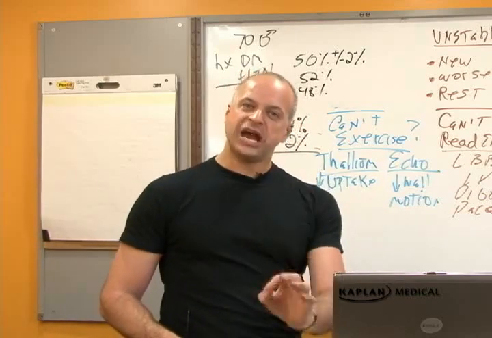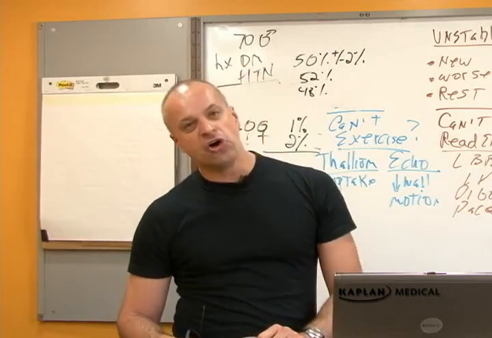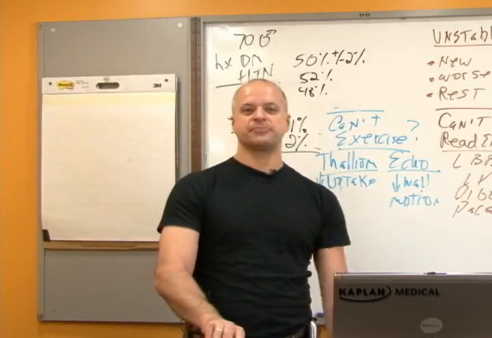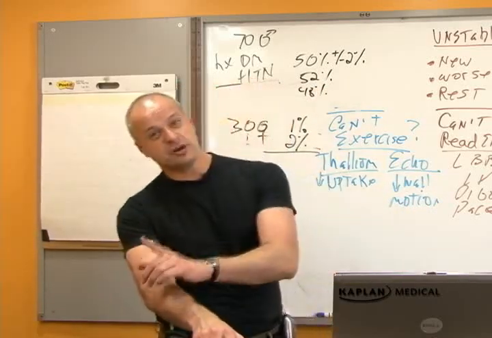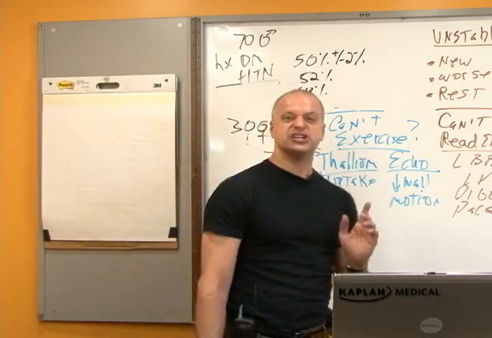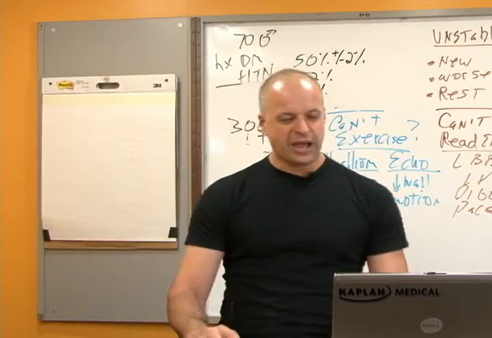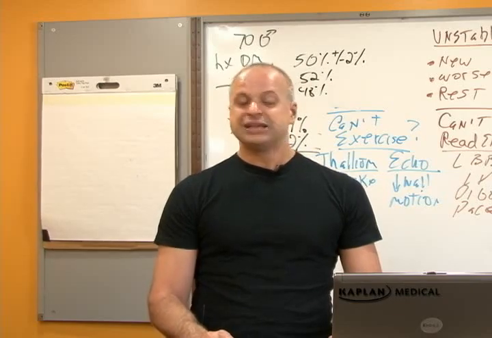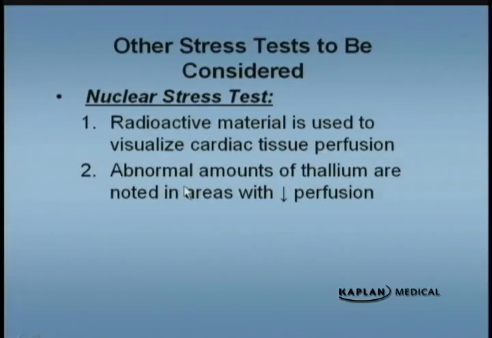So if you inject the thallium, as long as the cells are perfused and they are alive, they should pick up the thallium, because it looks like potassium. Now, if your ischemic myocardium is not perfused, you have decreased thallium uptake. If the cells are ischemic, decreased thallium uptake. If the cells are dead, decreased thallium uptake.